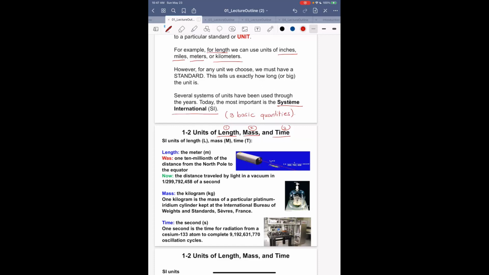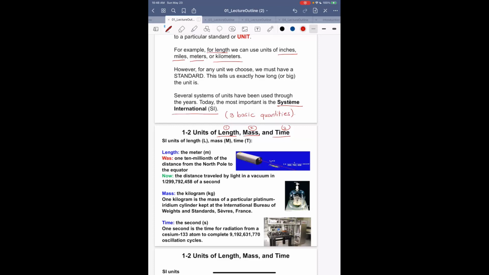This is the new definition of the unit used for length, which is the meter. And I'm telling you how big the unit is so that you have a feeling of 1 meter.